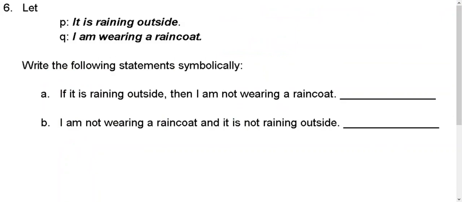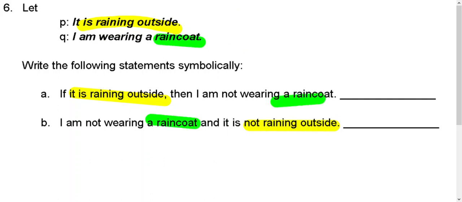Okay, number 6 says, let P be it is raining outside, and Q be I am wearing a raincoat. So we want to write these symbolically. Let's try a little bit of highlighting and see if that helps us to see them. It's raining outside, and a raincoat.